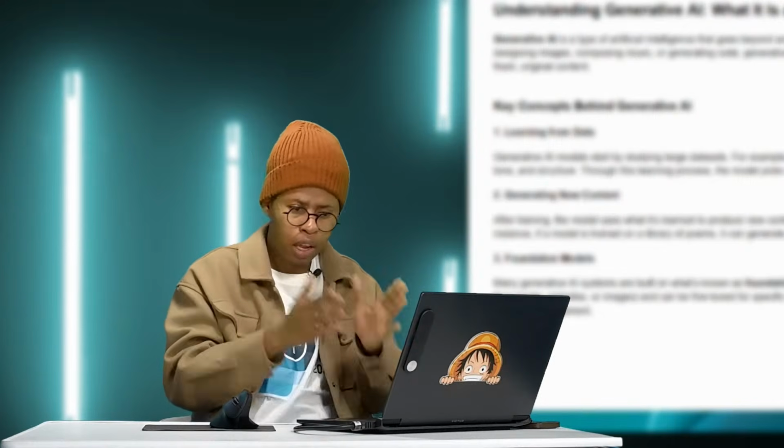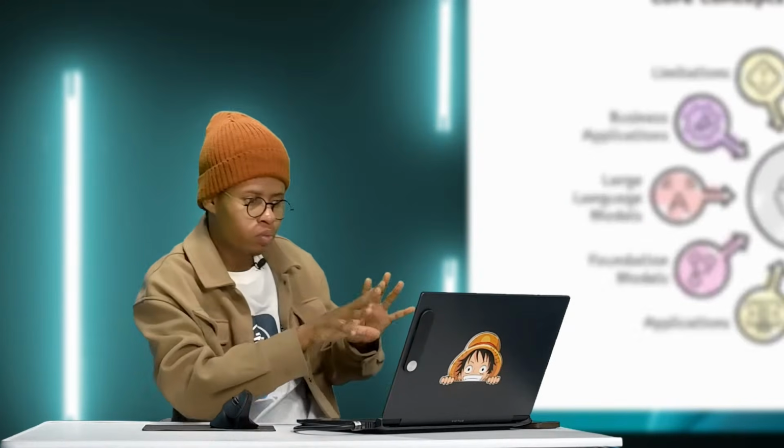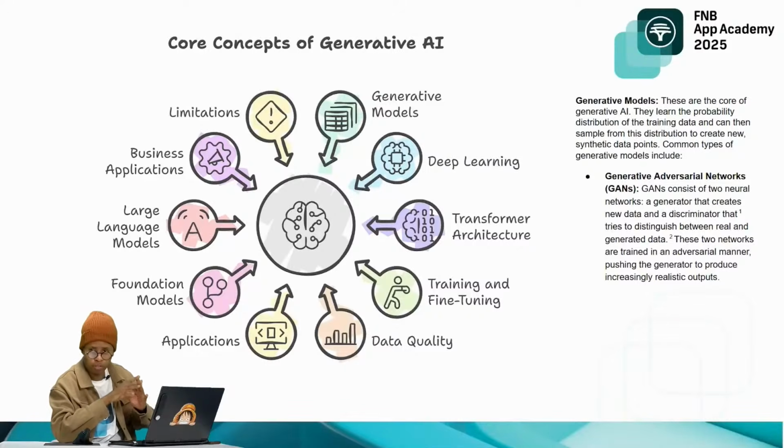Good. So now that we are here, these are the concepts of generative AI. So there's limitations, generative models, deep learning, transformer architecture, training and fine tuning, data quality, applications, foundation models as we spoke, LLMs, which is the large language model, business applications, and etc. That's it, right?